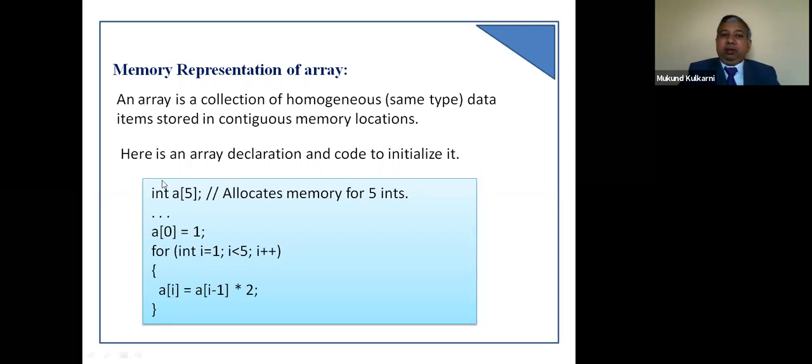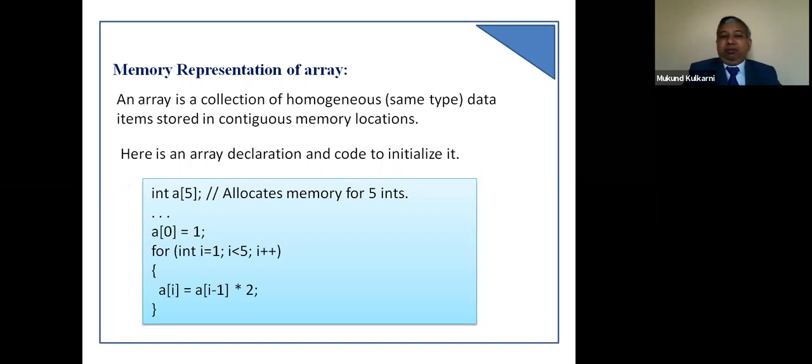Here is a declaration and code to initialize the array. Just look at the code. int a in square bracket 5. It will create the array with name a and allocates memory slots to store 5 integers.